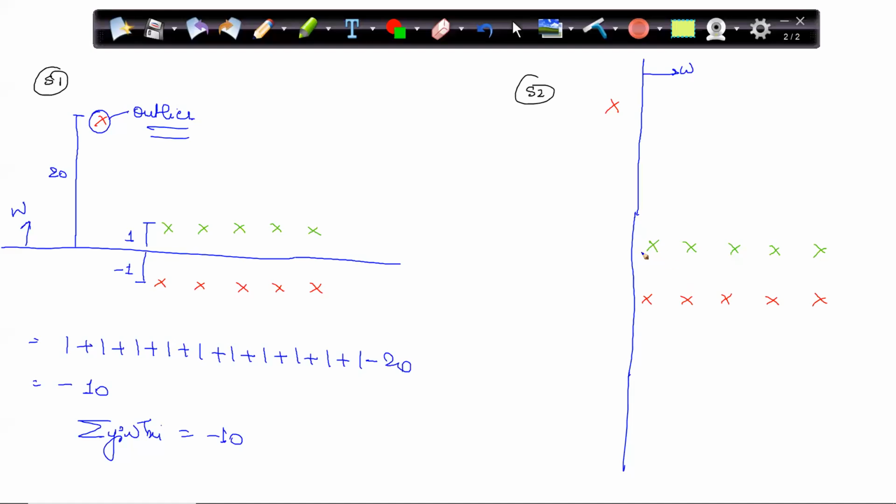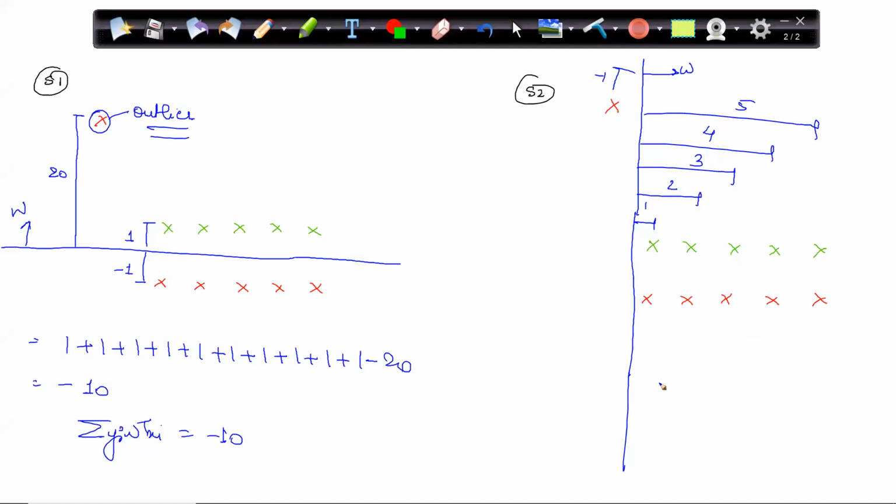What about this? Let's say this distance is 1, this distance is 2, this distance is 3, this distance is 4, and this distance is 5. And let's say this distance is minus 1. So 1 into 1 is 1, 1 into 2 is 2, 3, 4, 5. Minus 1 into 1 is minus 1, minus 1 into 2 is minus 2.